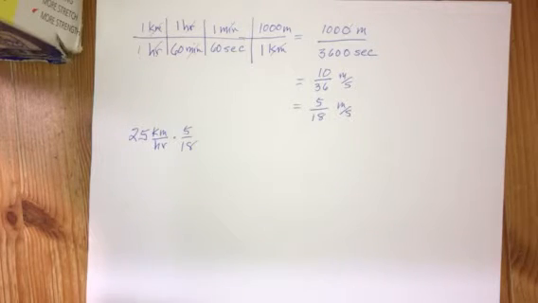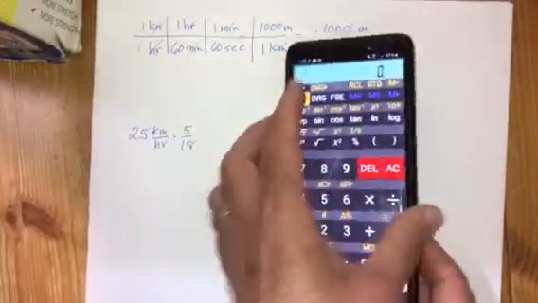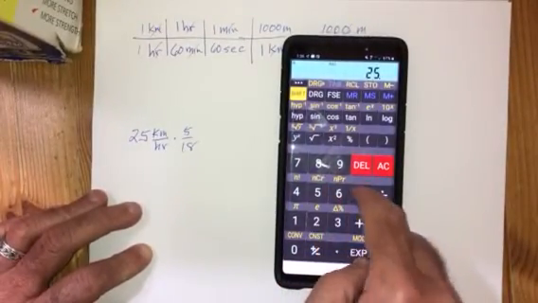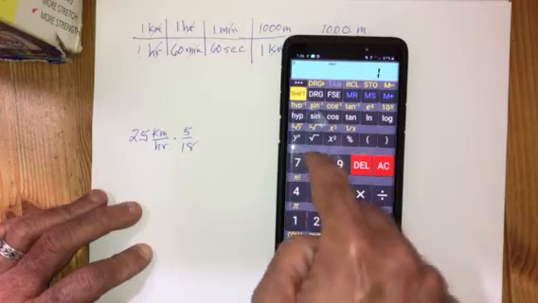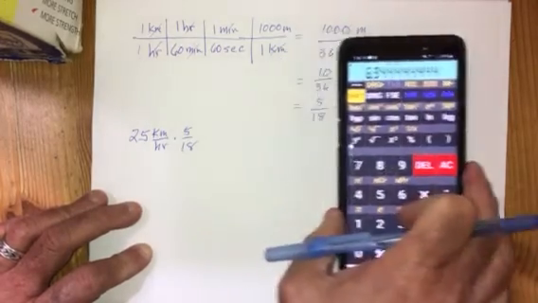So let's go to our calculator. We will do 25 multiplied by 5 divided by 18. And we see that that's 6.94 meters per second.